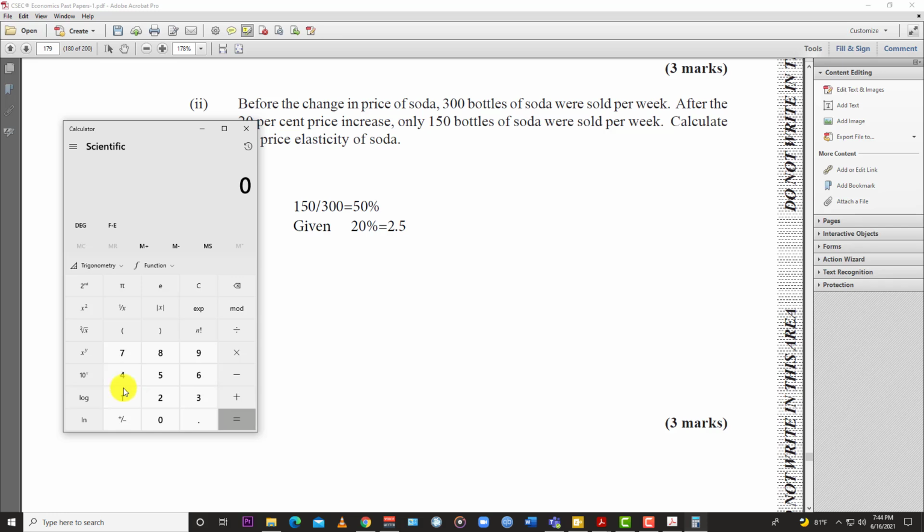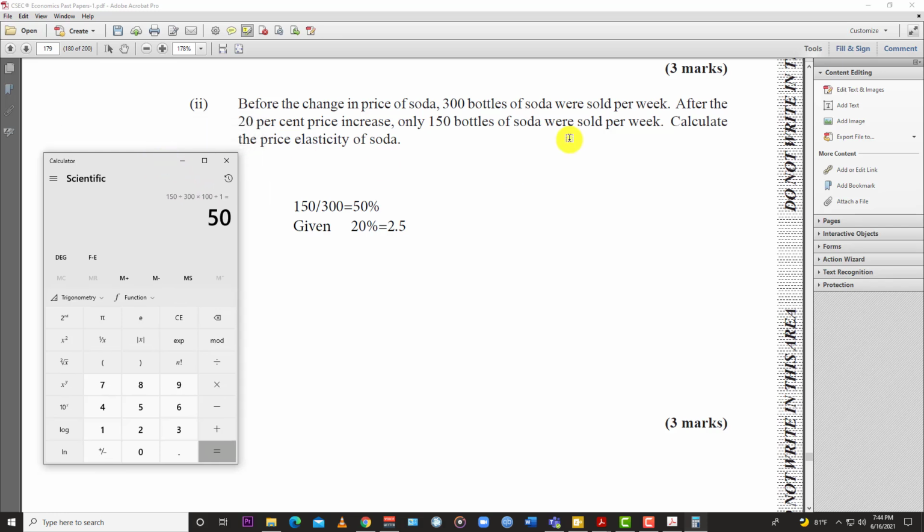It's 150 divided by 300, times 100 over 1, equals 50%. So we have found the percentage change in quantity demanded, which is 50%.